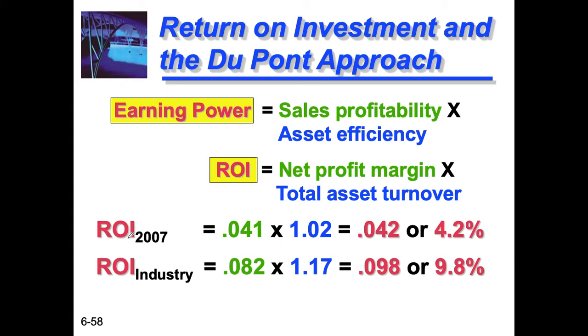So ROI in 2007 is 0.041 multiplied by 1.02, it's 4.2%, and for ROI industry is 9.8%. So return on investment of the industry is better than BW, or return on investment of BW is lower than industry average.